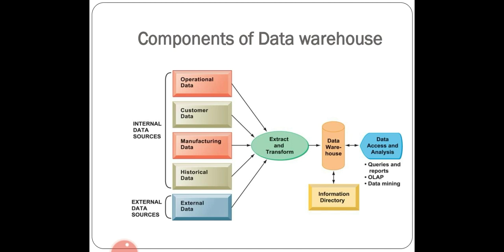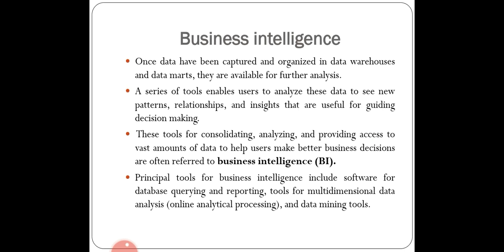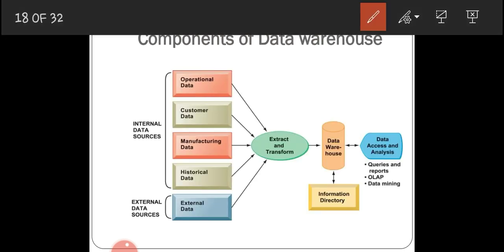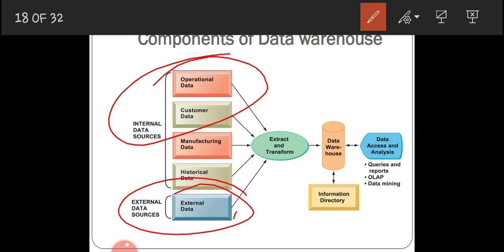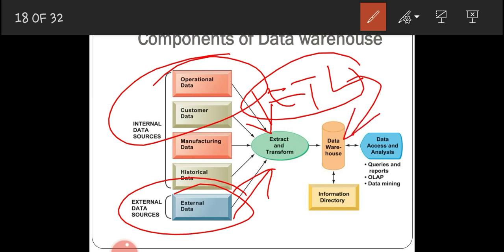So speaking of a data warehouse, it has several components. These include the transaction data. The data from these transaction systems or external data sources are extracted, transformed, and loaded into this data warehouse.